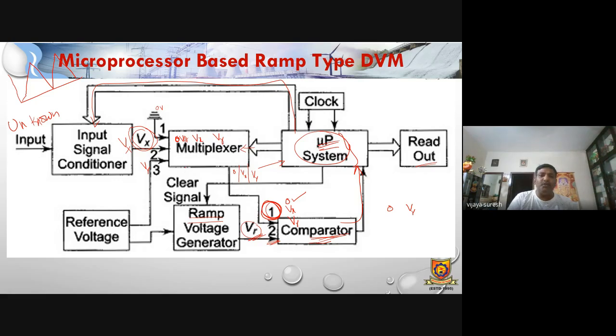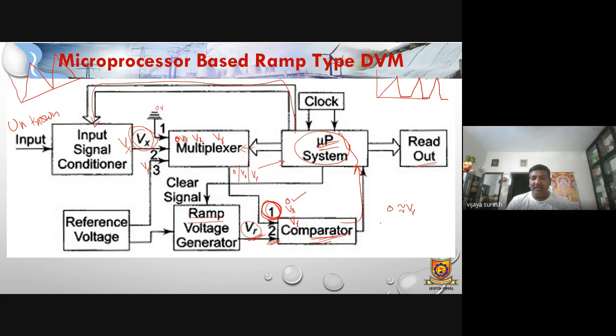Or else we can use a certain time gap: increasing, decreasing, a certain time duration gap, again increasing, decreasing, gap, like that. Anything, depending upon the system we are using. So the comparator is going to compare this 0 and the ramp voltage.